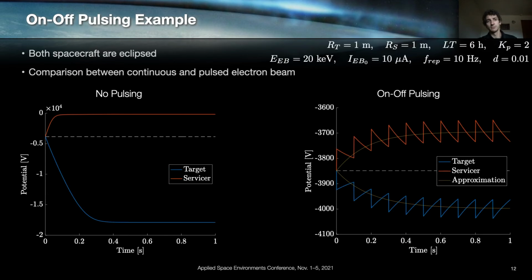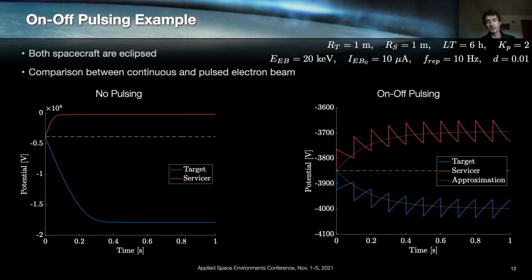So here's an example for on-off pulsing. For the entire pulsing analysis, we're looking only at eclipsed target objects. And here on the left-hand side, we see the change in target potential if we're using a continuous beam, so no pulsing.